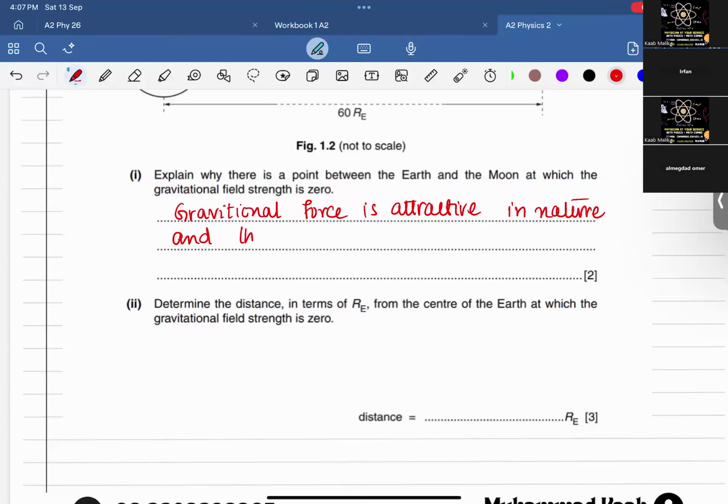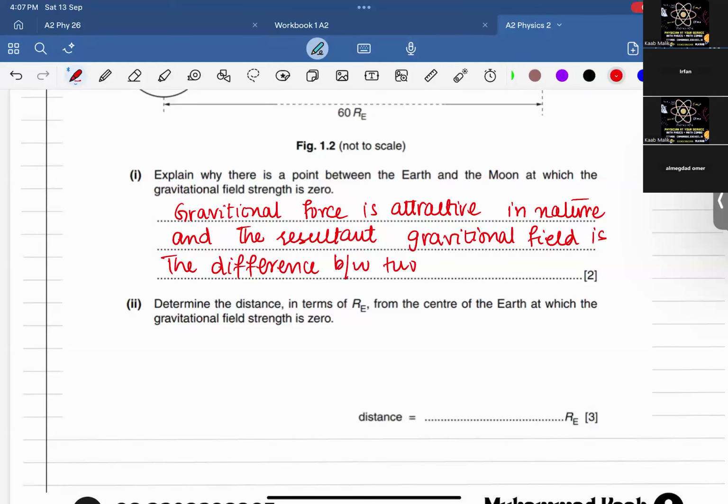And the resultant gravitational field is the difference between the two individual fields at a point.